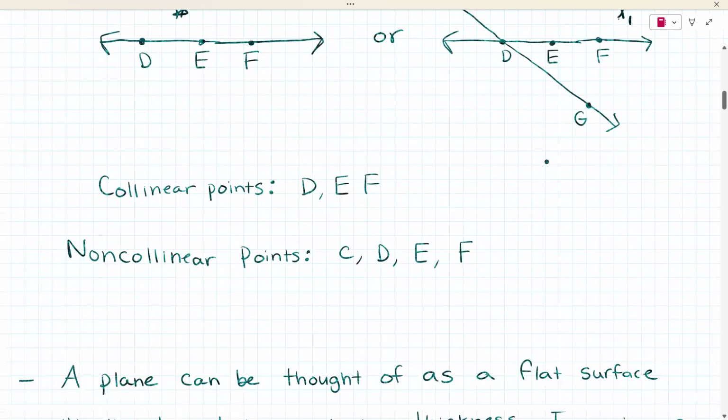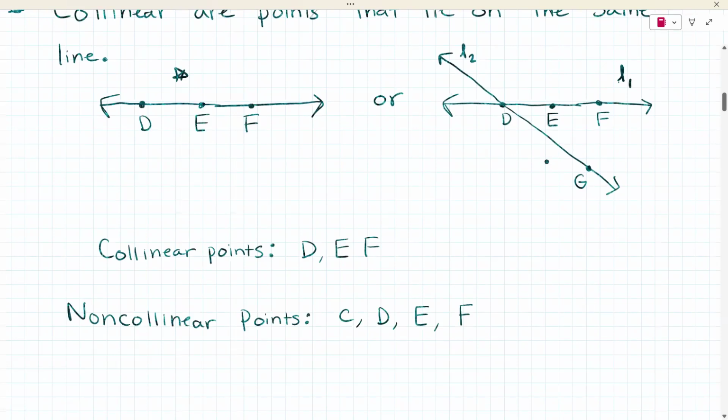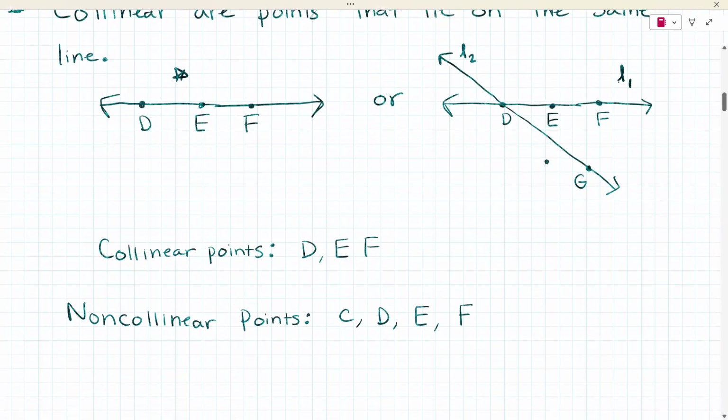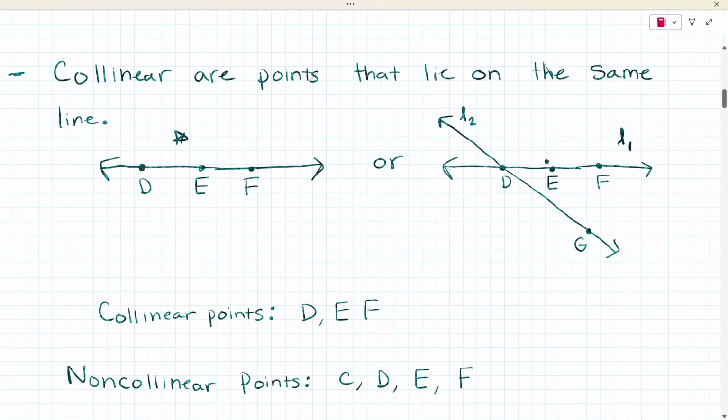And so collinear points would be points D, E, F. Non-collinear points would be C, D, E, F. Whoops, this is C, not G. So this is C. So C, D, E, F. Why are points C, D, E, F non-collinear?